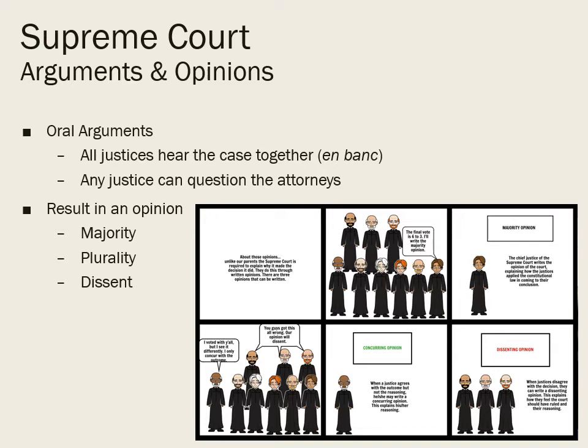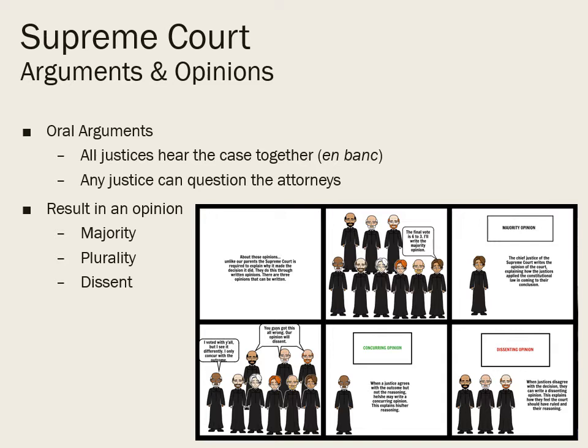Each case heard by the court then results in an opinion. We hope for a majority opinion, but sometimes it is a plurality opinion. So a majority opinion is any opinion where at least 5 justices agree on the outcome, as well as the analysis and reasoning that led to that outcome.